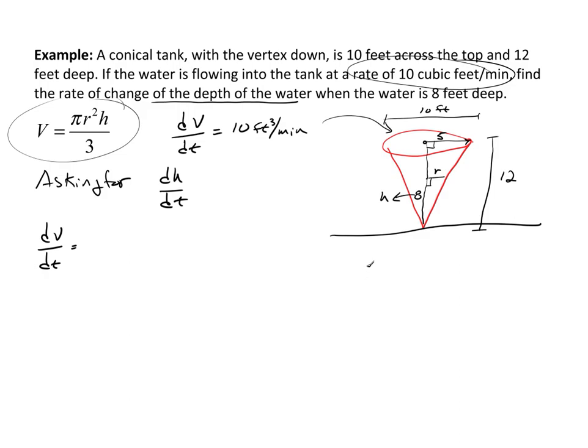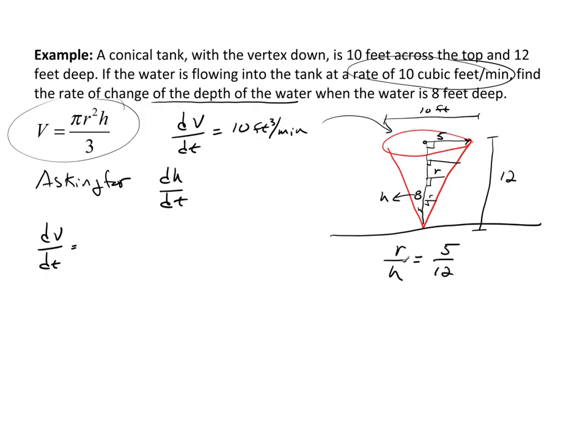This is a right triangle, so these are similar triangles. So when I look at this, I know that r is to h. At some point I'm going to be 8, but h is changing and r is changing. These are both changing. So no matter where I am, if I'm down here or up here, this is always a right triangle. And I know that this radius r in relationship to h, r over h, will be proportional to 5 over 12.